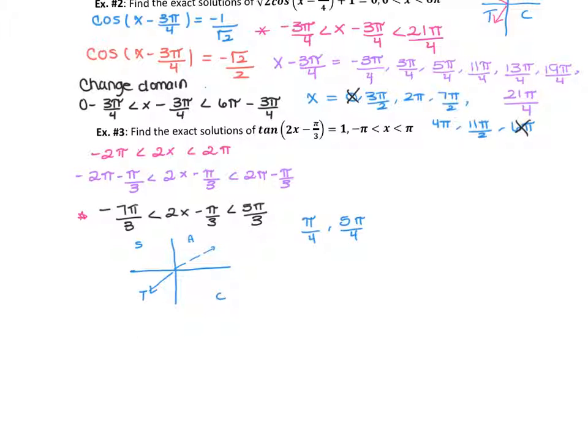So you're going to start subtracting pi until you get to a point where you cannot exceed negative 7 pi over 3. And you end up with two more answers, and that's negative 7 pi over 4 and negative 3 pi over 4. Does anyone have any questions about those two additional answers and how to get them?